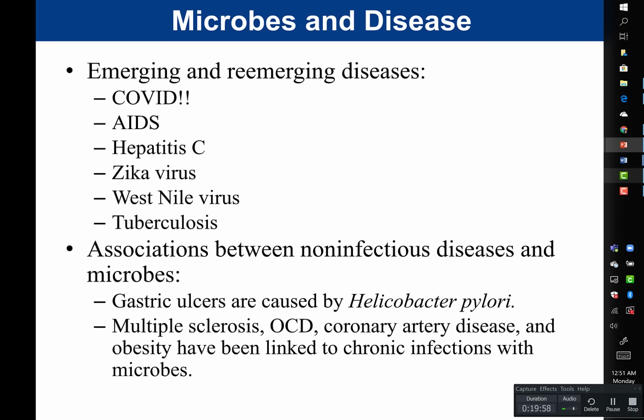We have AIDS, hepatitis C, Zika virus, which is associated with mosquitoes. We have West Nile virus. We have tuberculosis. And so what we see is that we often see either brand new diseases showing up or reemerging diseases, things that were pretty much gone for a while but started to show up again. Think of when we had a measles outbreak, for example.